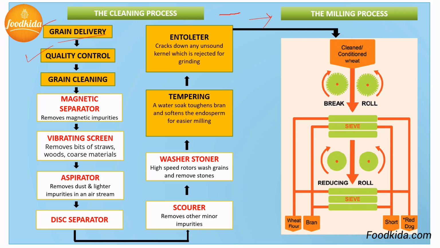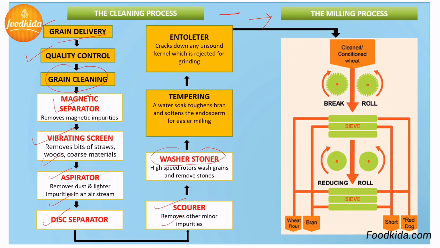Here wheat is tested for different parameters, and then cleaning is done using various equipment such as the magnetic separator, which removes magnetic impurities; vibrating screens, which remove bits of straw, wood or coarse material; the aspirator, which removes dust and lighter impurities with the help of air; the disc separator and scourer, which remove other minor impurities; and the washer stoner, which with the help of water removes stones with high speed rotors.